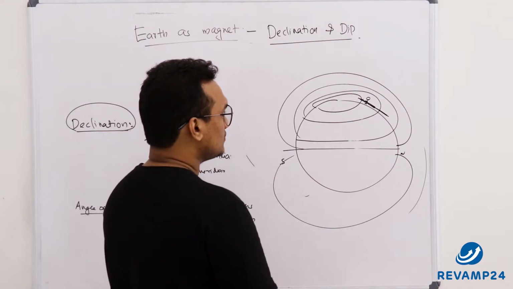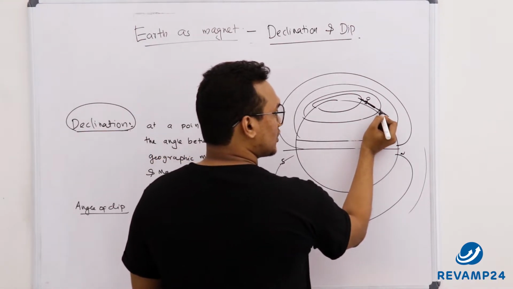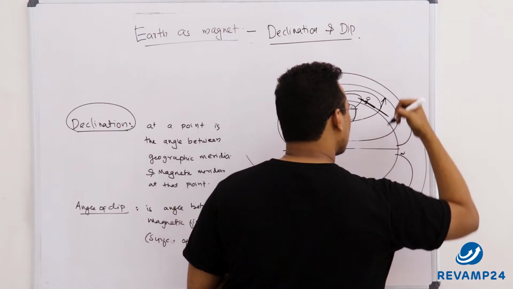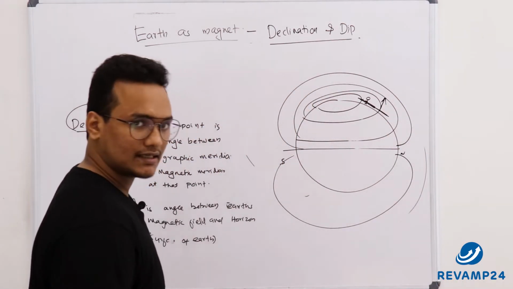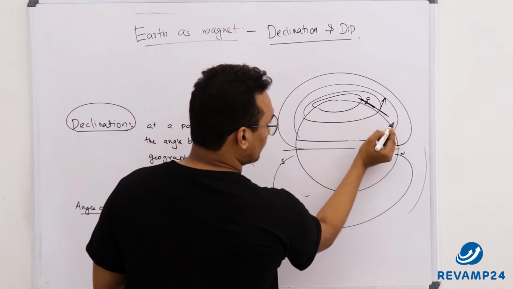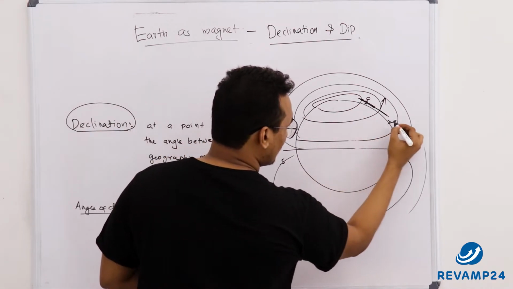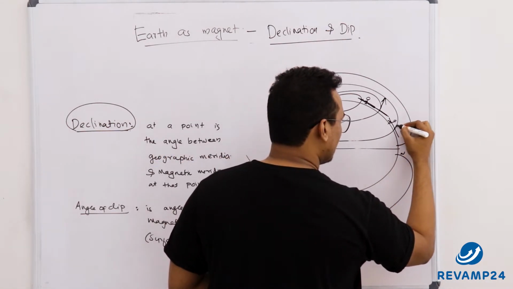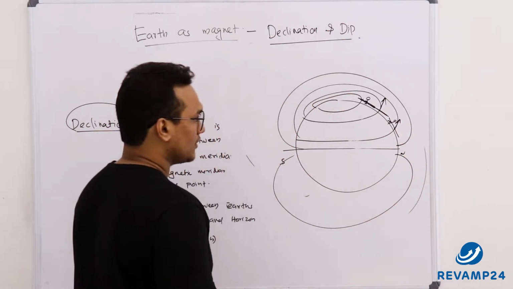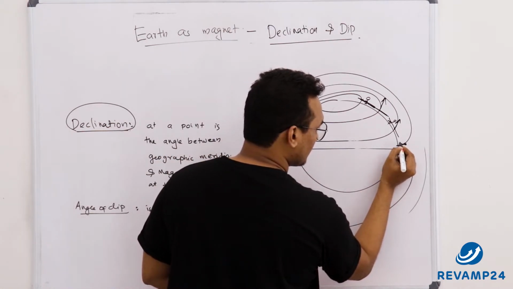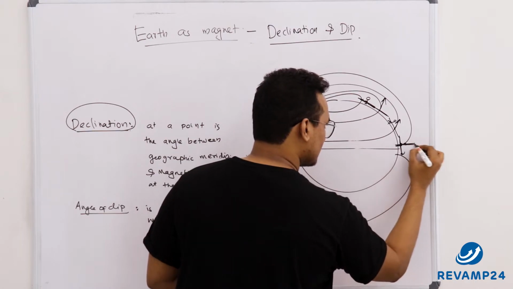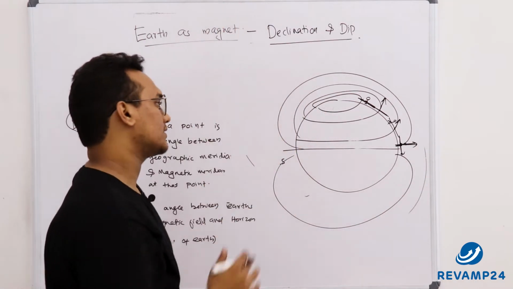Now, what is the net direction of magnetic field here? That is the direction of the magnetic field line in this way. This is the horizon. For a person here, the horizon is in this way and the direction of magnetic field is in this way. For a person here, the horizon is in this way, and the direction of magnetic field is just going through his head.